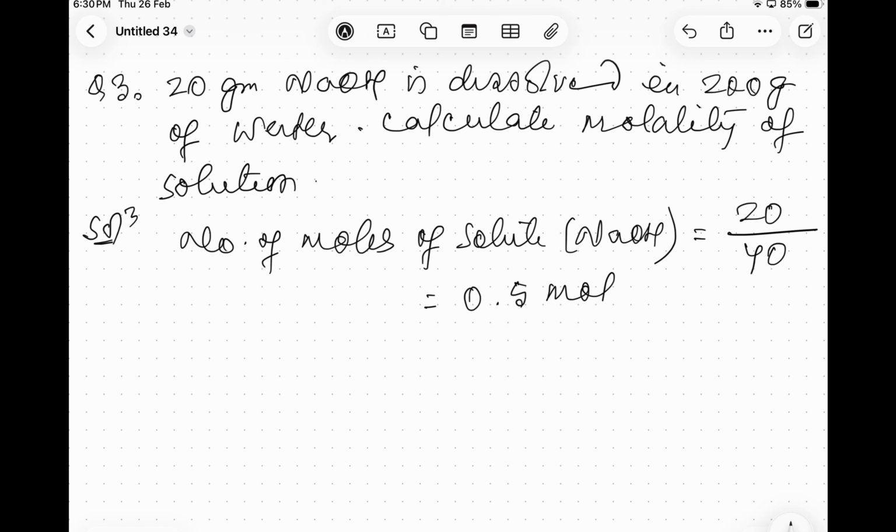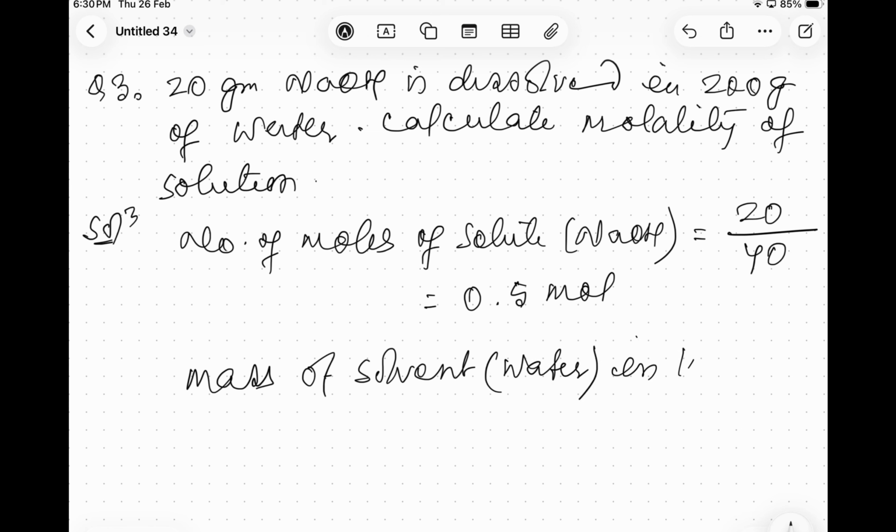Then calculate mass of solvent, that is water, in kilogram, and for that the value should be 200 divided by 1000.